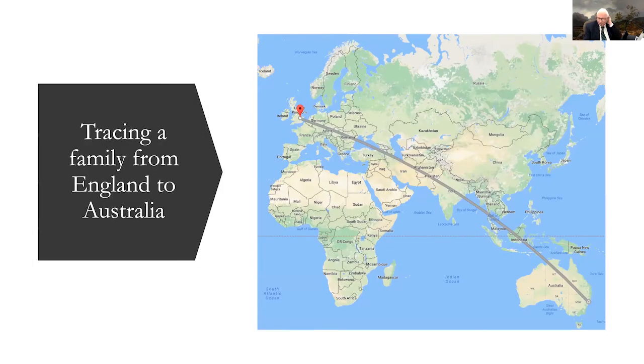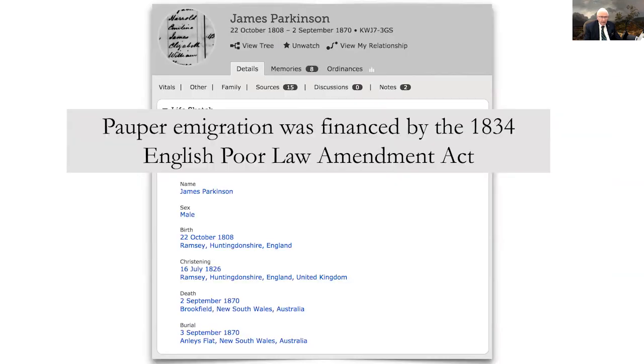So how would we go about tracing a family from England to Australia? And in this case, over to New South Wales. They're on the east coast of Australia. So we can look for, in this case, the pauper immigration was financed by the 1834 English Poor Law Amendment. This is for James Parkinson.